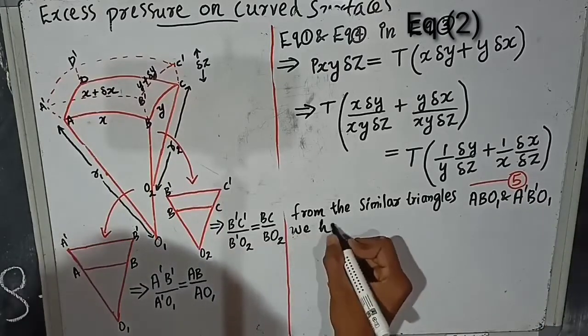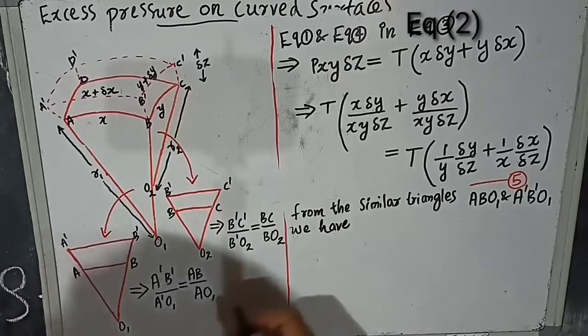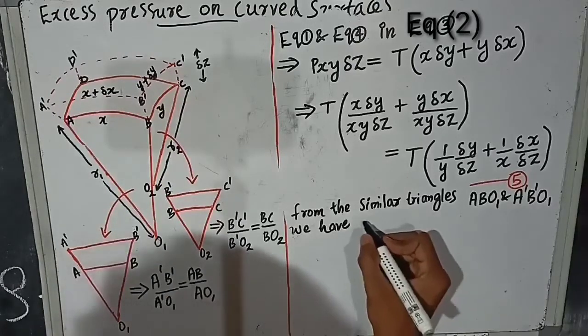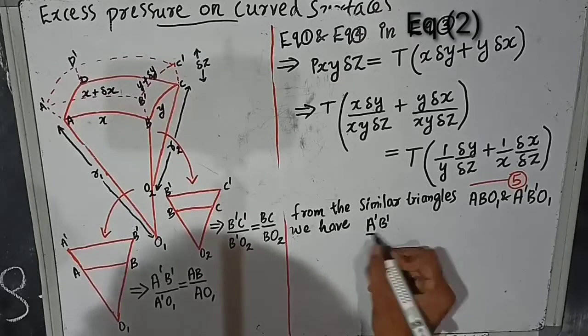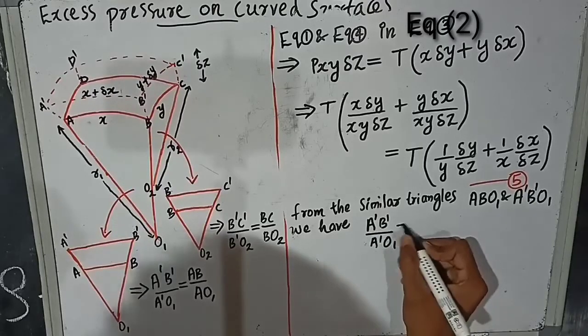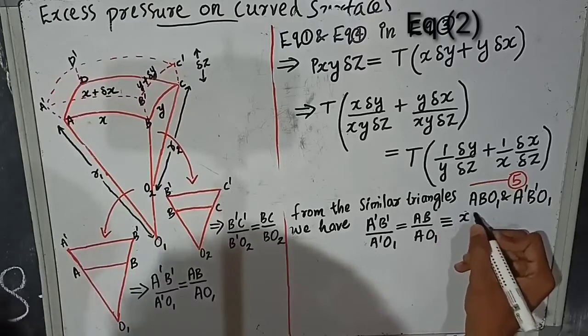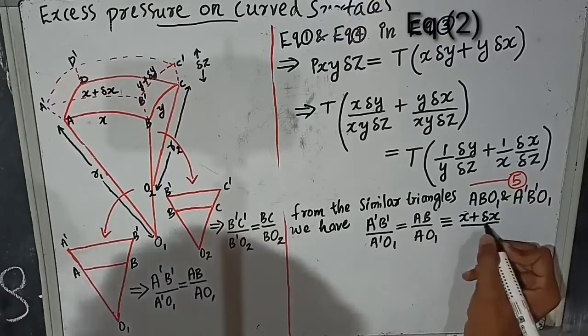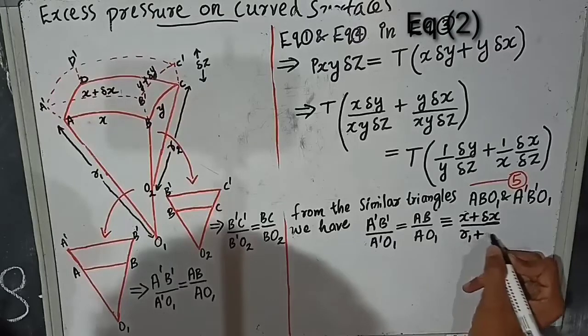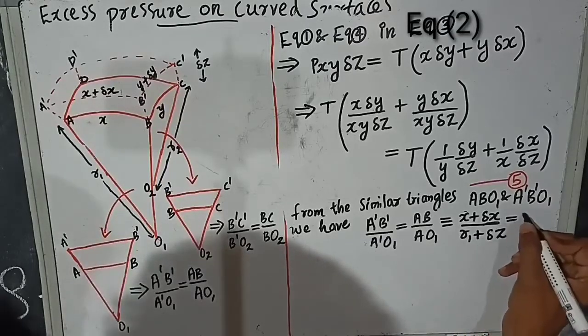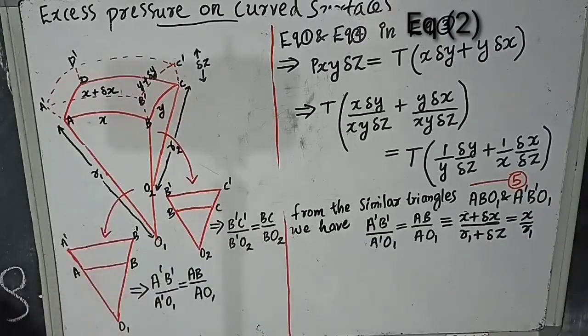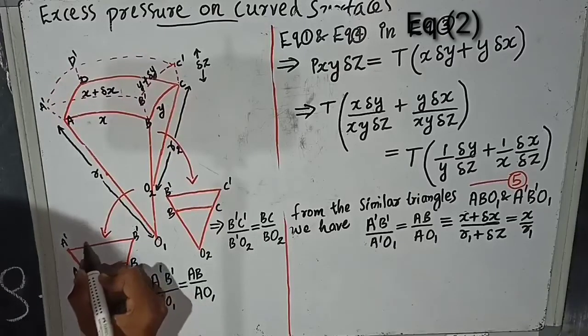First, we have this equation. A'B' over A'O1 is equal to AB over AO1. So this is equivalent to (x plus delta x) over (R1 plus delta z) is equal to x by R1. Let me add more details to this picture.